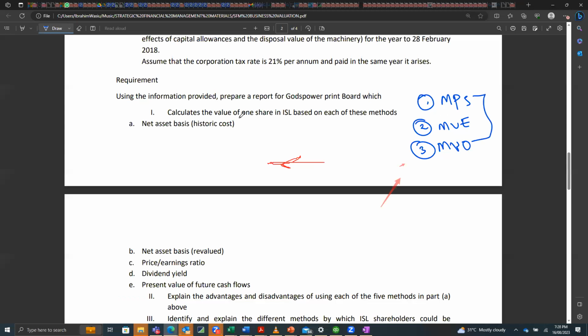I can see net asset historic, net asset revalued, P/E ratio, dividend yield, PV of future cash flow. But which one are we doing among these?